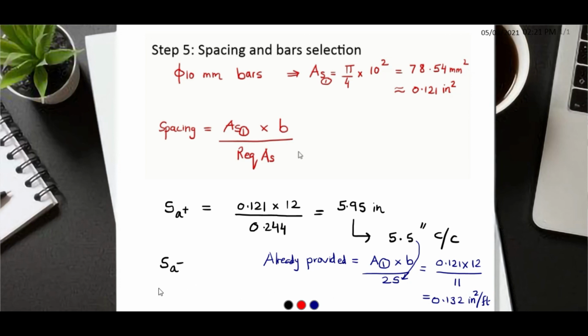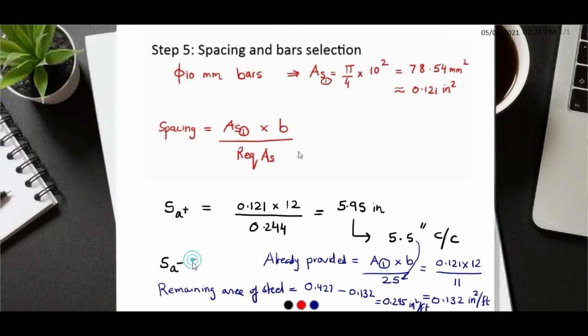So the remaining area of steel to be provided equals the required one, 0.427, minus this 0.132. This comes out to be 0.295 inch square per feet.